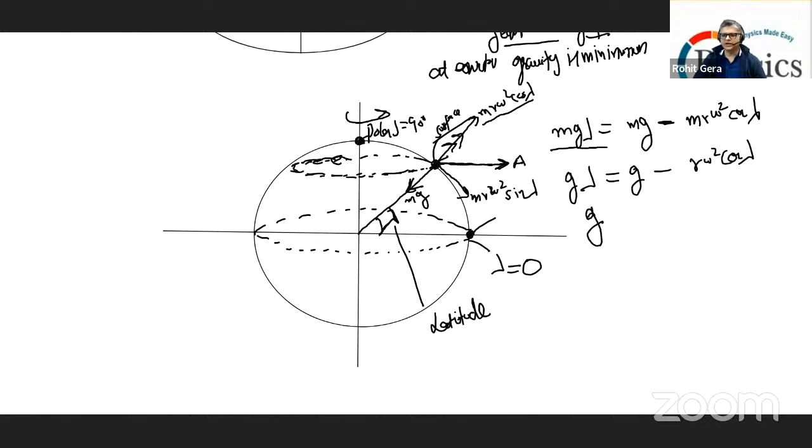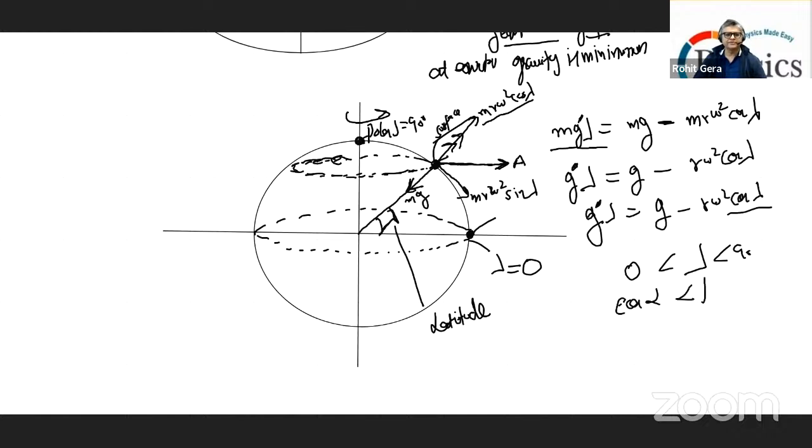if you collect g, what will happen? So this is the new g, the net g, g dash due to lambda. So g dash lambda is equal to g minus r omega square cos lambda. So cos lambda fluctuates between 90 and 0, it's a first quadrant, so cos lambda is fluctuating between 1 and 0.